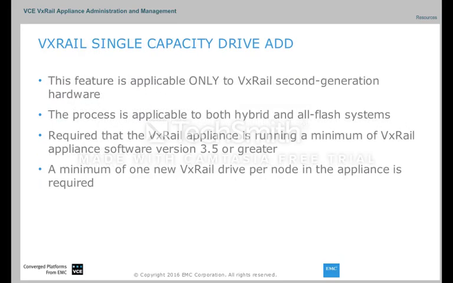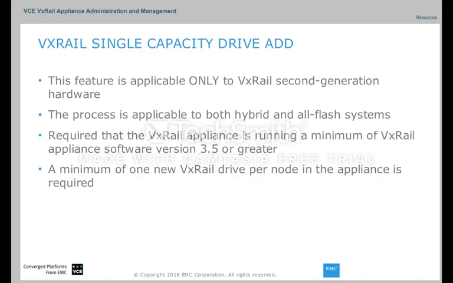In order to add drives, there are certain prerequisites as shown here on this slide. Additionally, drives must be added in a balanced manner across all nodes in the appliance. Failure to keep drive counts balanced across nodes could result in a data unavailable or data loss event if there is a failure of the node with a higher drive count.